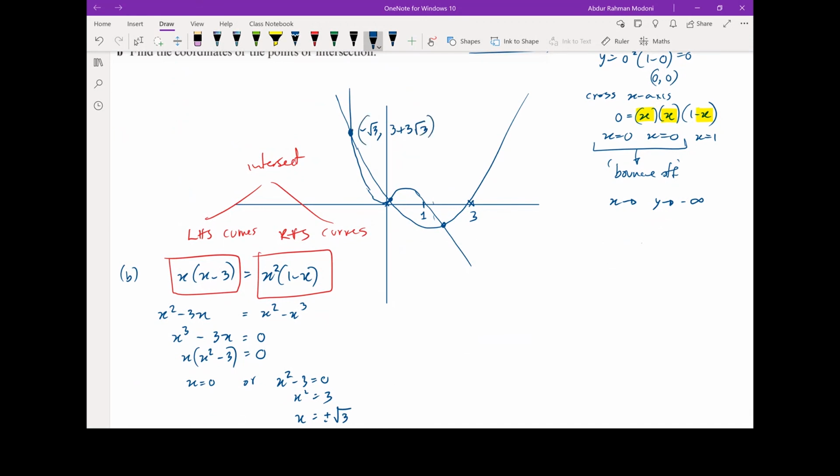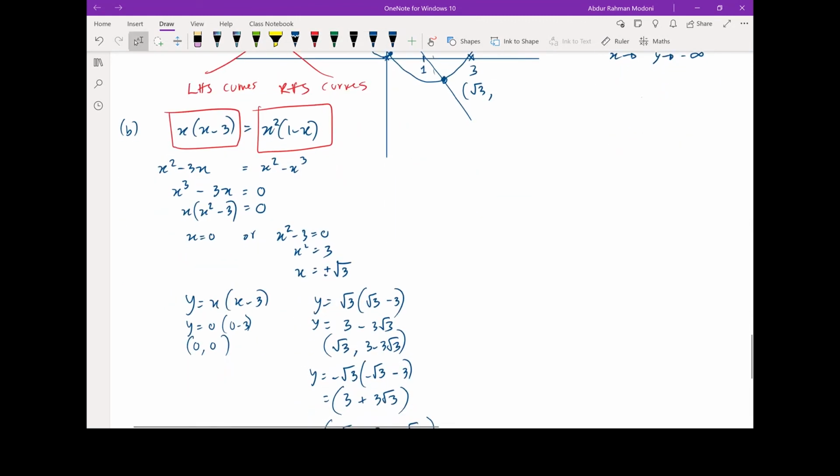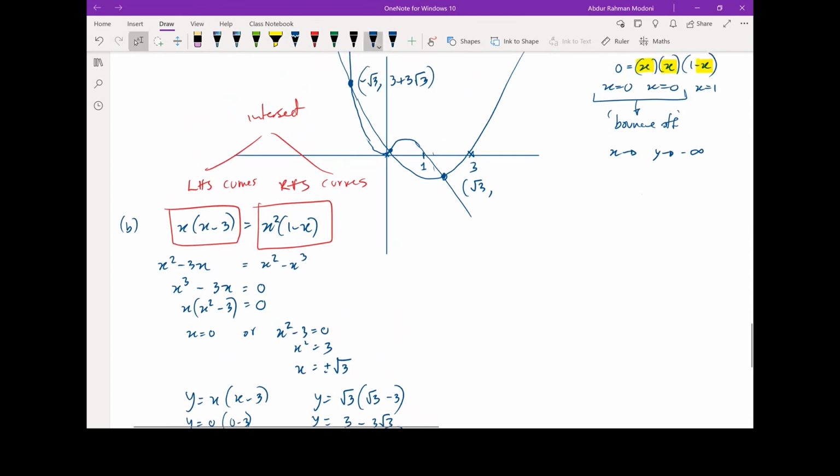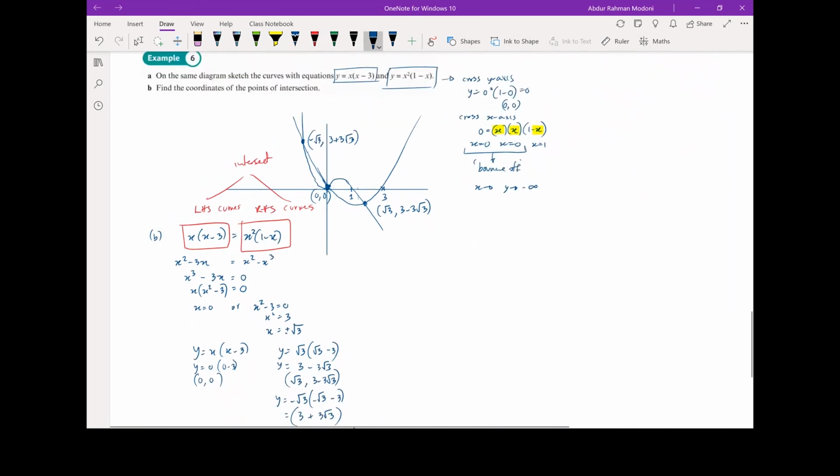This intersection is root 3 and then 3 minus 3 root 3. And this here, I've drawn it a bit off, so that quadratic should actually be passing through there. So the point of intersection there, 0, 0, is our third intersection. So we found the points of intersection there as required.